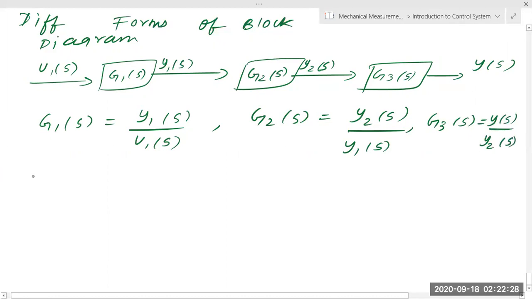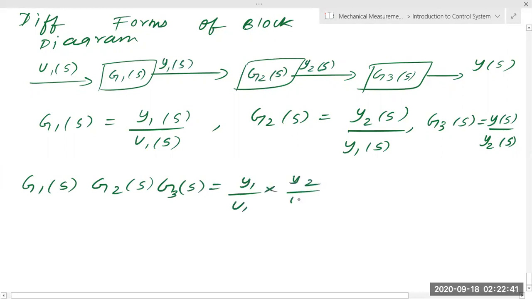Now if I tell you to multiply G1 of S into G2 of S into G3 of S, what you can see is Y1 by U1, Y2 by Y1 into Y by Y2. All the terms are with Laplace, all are functions of S. Now we can see Y1 will get cancelled, Y2 will get cancelled.